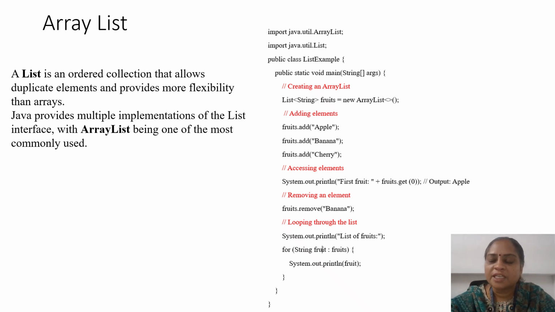First you give for, then the data type of the ArrayList, which is String, then fruit, colon, fruits, the ArrayList name. Every time it will move through the list, iterate through it, and print the elements present in the list.